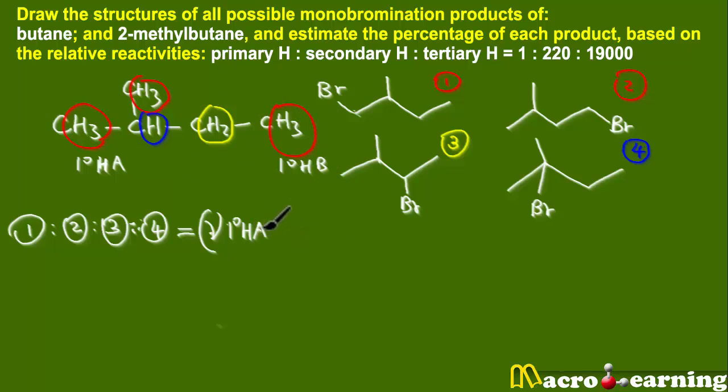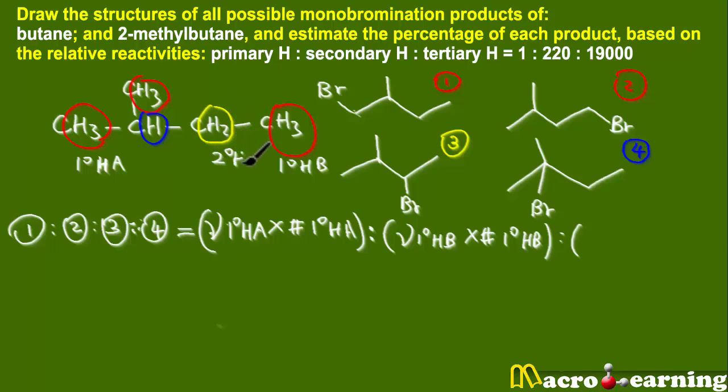So the A-type primary hydrogen's reactivity times the number of A-type primary hydrogen, and number 2 will be this other type of primary hydrogen. So primary hydrogen B times number of primary hydrogen B atoms, and then the third one is from the secondary hydrogen.